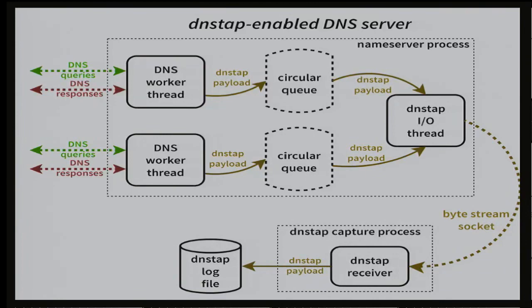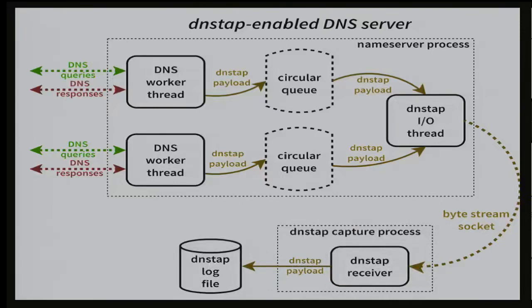Then at the far right of the diagram, there's a dedicated I/O thread that pulls the payloads off of the circular queues and takes care of exporting those log messages over a socket to a dedicated capture process. So this gets the task of sending these log messages out of the main flow of the worker thread.